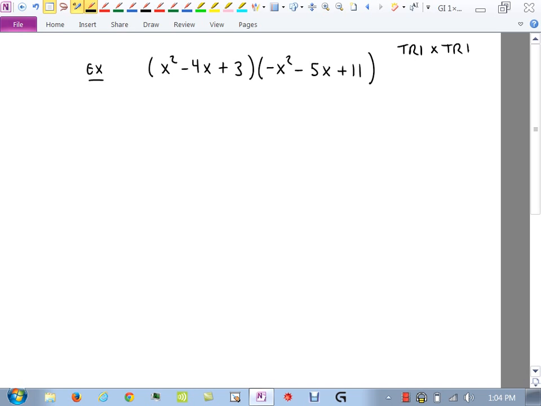All right, try this one. See if you can do it. I'll work through it silently while you try and do it on your own paper, and let's see if we get to the same answers.